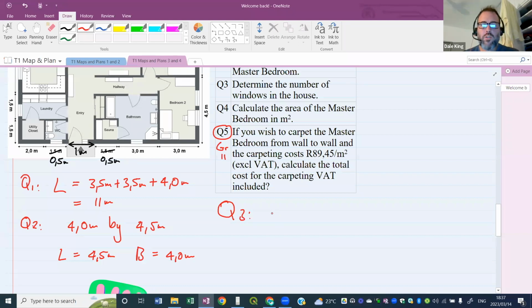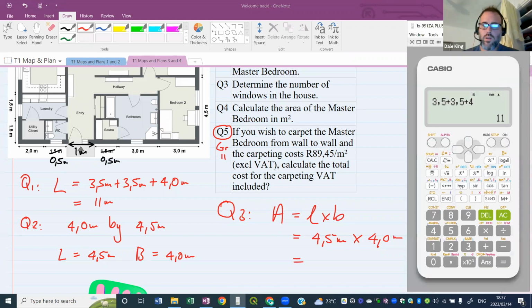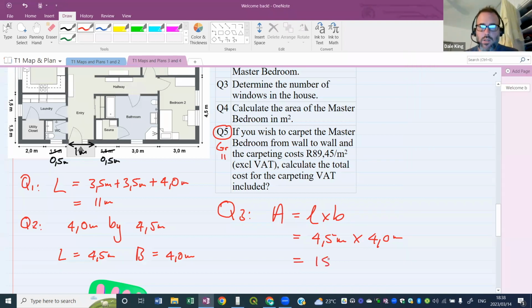The area of the master bedroom, area is length times breadth. And I've got my dimensions from question 2. The length is 4.5 meters. The breadth is 4 meters, or the width. Multiply together, get the calculator to do the work. 4.5 times 4. Nice and easy, 18. All right, 18 meters squared.